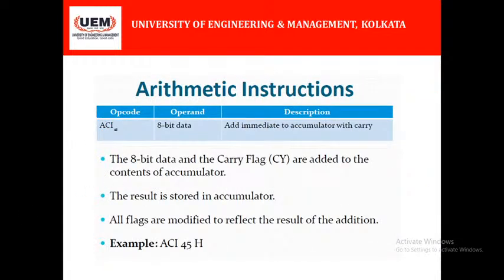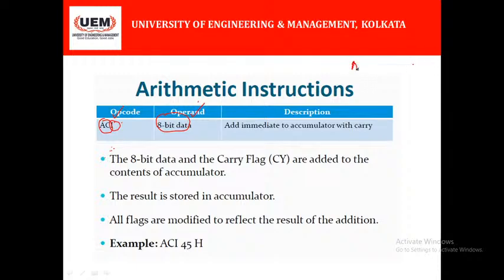Next is ACI. AC is for addition with carry, and I for immediate, and then we specify the 8-bit data. What we are doing here is an 8-bit addition between the value of the accumulator and the 8-bit data that is supplied directly.